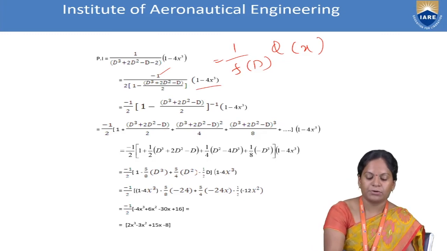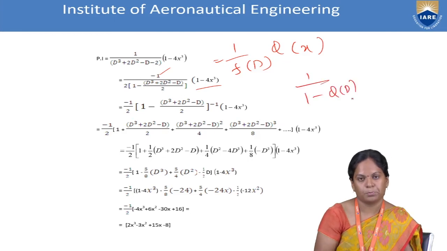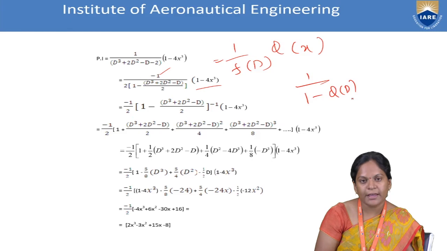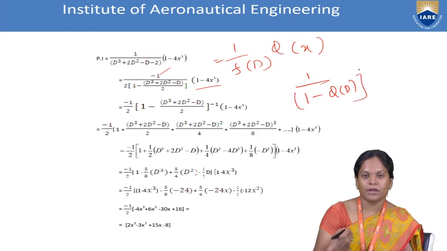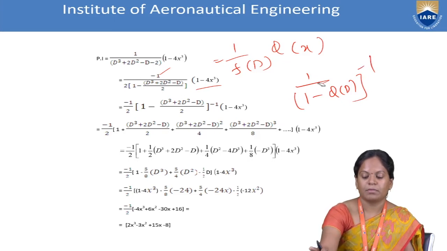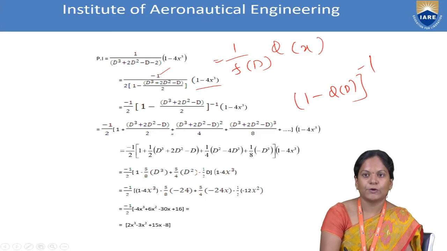So minus 1 by 2 I am writing outside, and this is like the 1 by 1 minus phi of D form. What is the next step? Take that 1 minus phi of D into the numerator. If we take it into the numerator, that will become minus 1 by 2 times 1 minus (D cube plus 2D square minus D) by 2 whole inverse into 1 minus 4x cube.